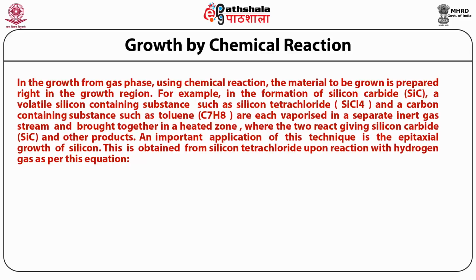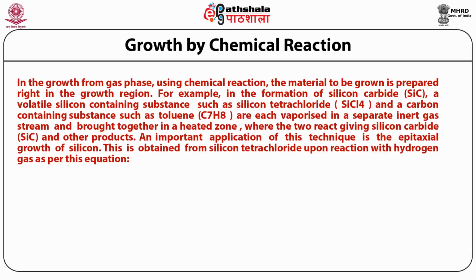For example, in the formation of silicon carbide, SiC, a volatile silicon-containing substance such as silicon tetrachloride, SiCl4, and a carbon-containing substance such as toluene, having chemical composition as C7H8, are each vaporized in a separate inert gas stream and brought together in a heated zone where the two react, giving silicon carbide, SiC, and other products.